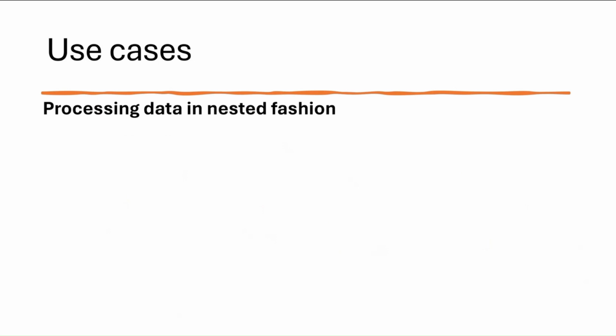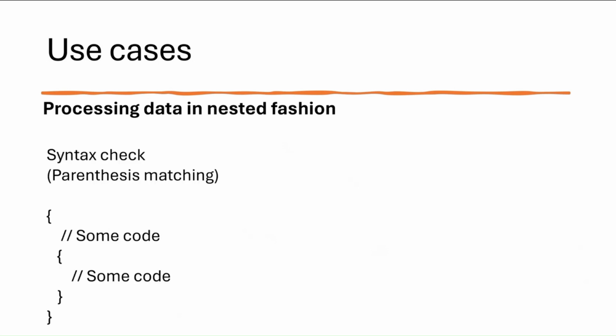One more very generic use case is when you want to process the data in a nested fashion. For example, you might have seen that our compiler compiles the code, right? And if there is any syntax error, let's say you forgot to add one parenthesis, it will give an error. How does it check? It uses the stack for this purpose.